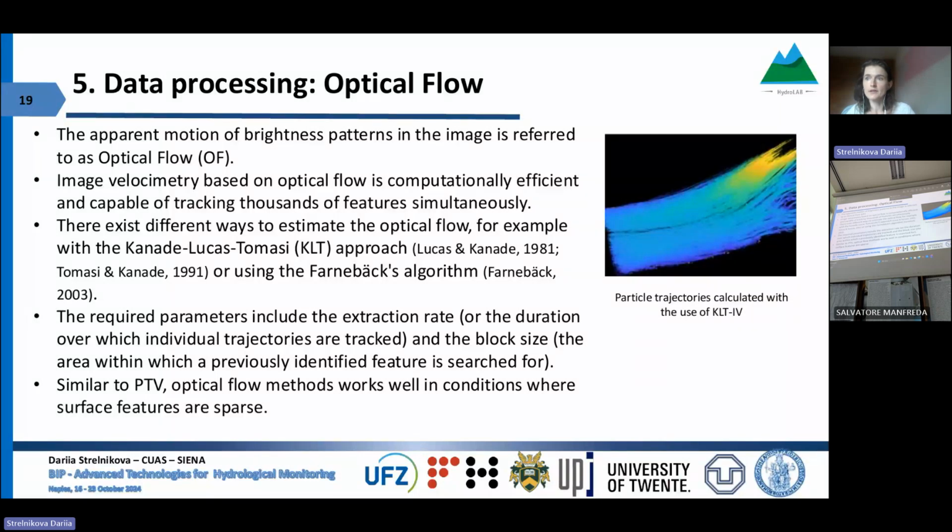The two algorithms of implementing optical flow that I wanted to address in this research is the Kanade-Lucas-Tomasi, so the KLT approach. In classic computer vision, the Lucas-Kanade approach would be used, but the combination of the two algorithms developed in 1981 and 1991 works better for river flow measurements in our experience.